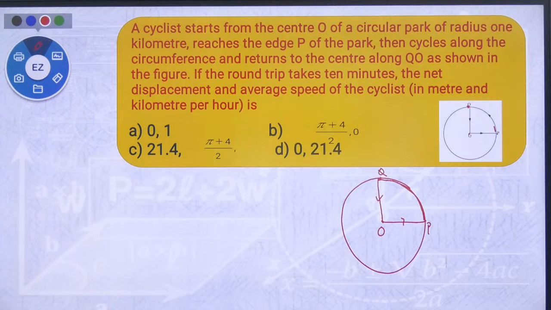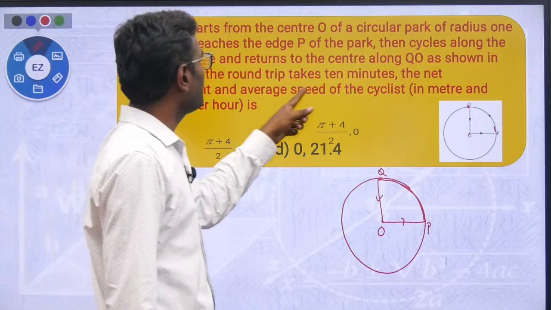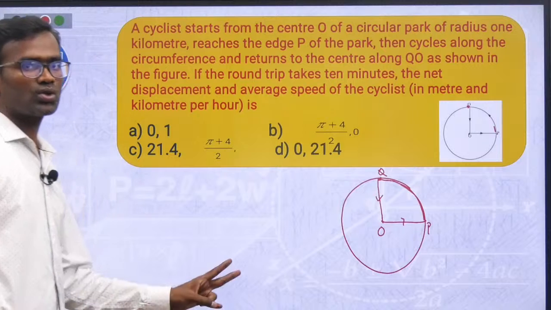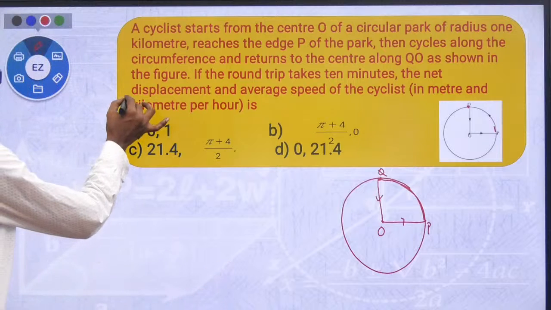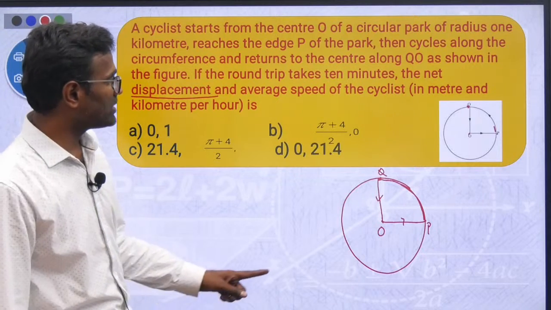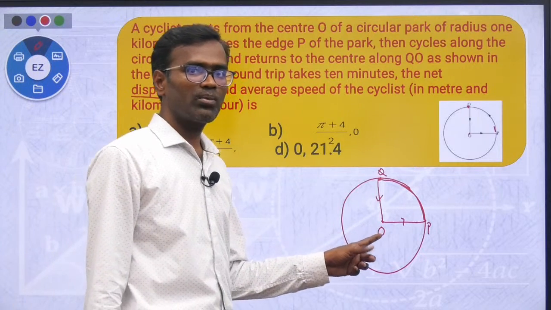Now what is it asking? If the round trip takes 10 minutes, the net displacement and average speed. So two questions are there here. Net displacement, children. For finding the displacement, we just see the initial point and final point.